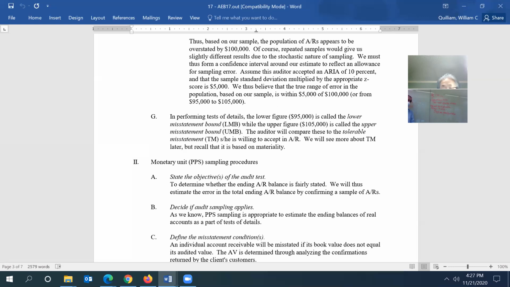In that case, we cannot give the client a clean opinion on the financials unless they correct accounts receivable, or at least correct them enough so that they bring the upper confidence limit down to tolerable misstatement or less. So they have to fix accounts receivable enough in that case for us to give them a clean opinion. Does that make sense so far?